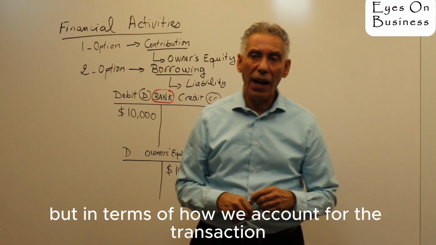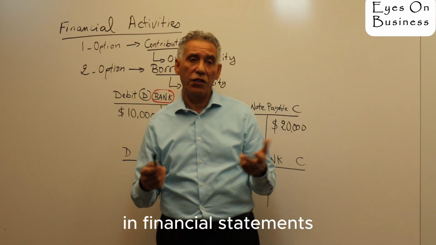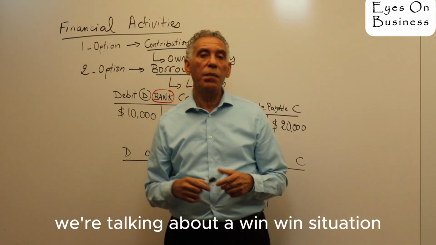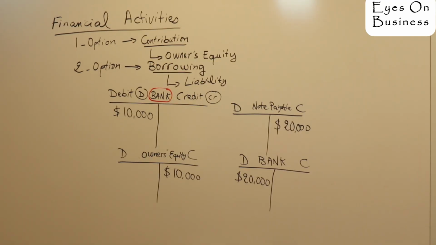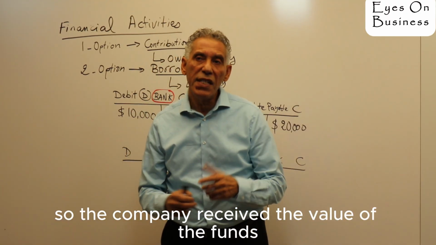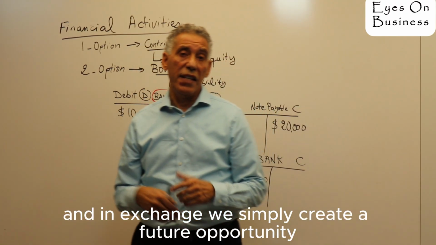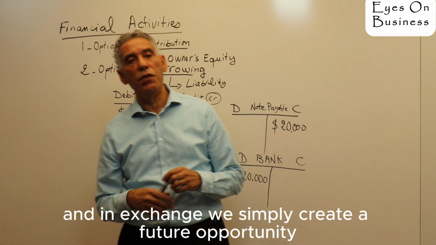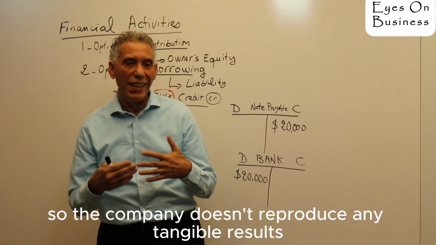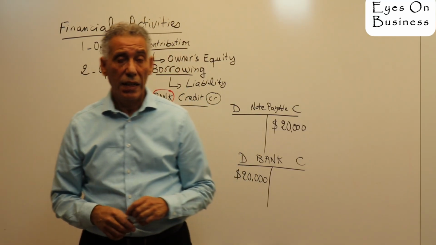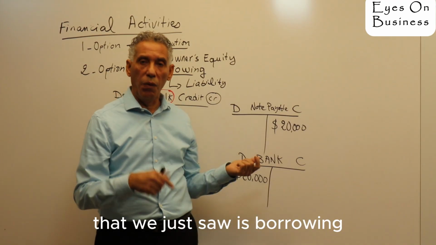But in terms of how we account for the transaction in financial statements, we're talking about a win-win situation. The company received the value of the funds transferred by owners, and in exchange, we simply create a future opportunity. So the company doesn't really produce any tangible results. The second financial option that we just saw is borrowing.